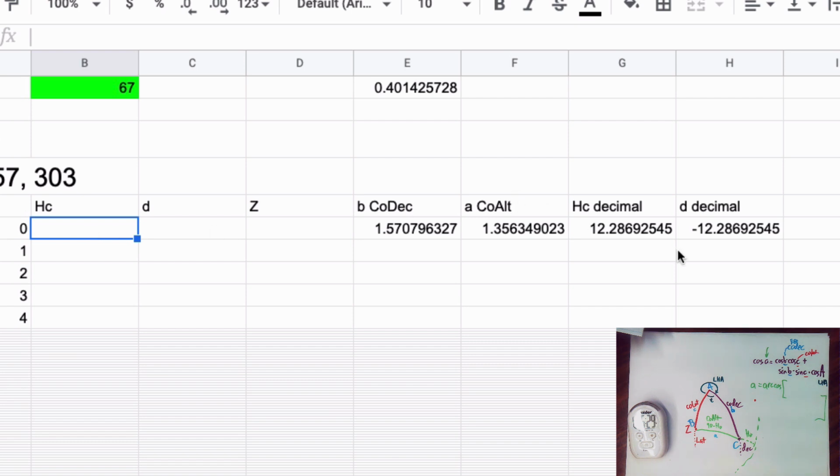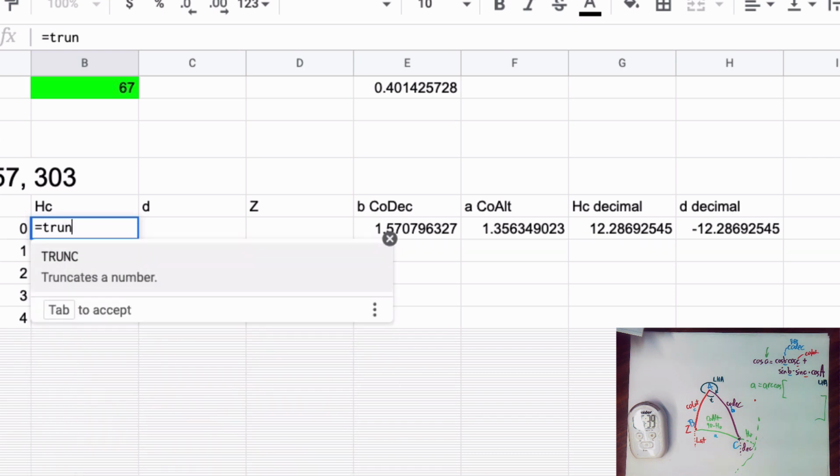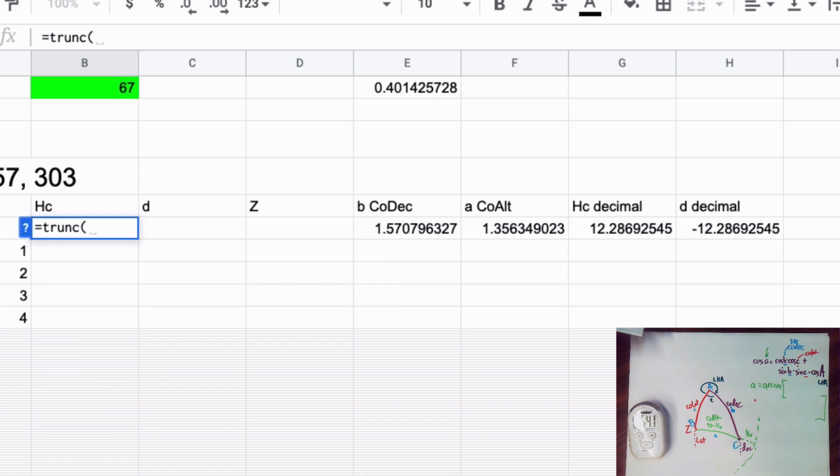And this is in cell G8. So cell h sub c, which is really one of the most important table entries. So we're going to use the truncate command, and we're going to truncate G8, right? And then I'm going to use the ampersand. I'm going to add the degree sign, just to make it look nice.